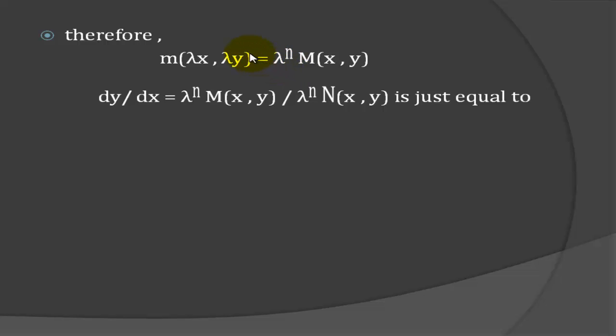Now we just substitute the above values into the original equation. Now this is just equal to dy/dx equals M(x,y) over N(x,y), as I have said.